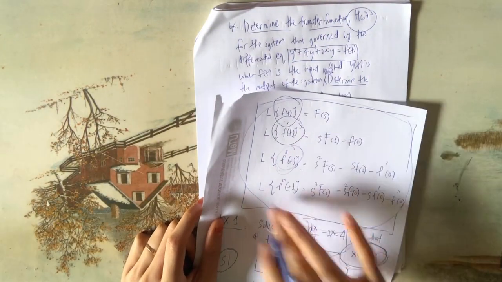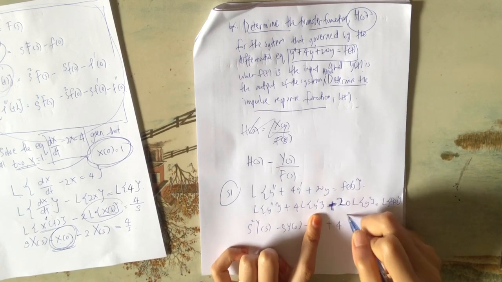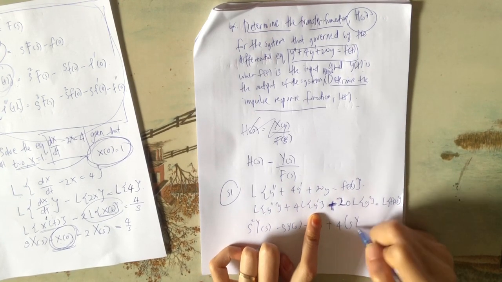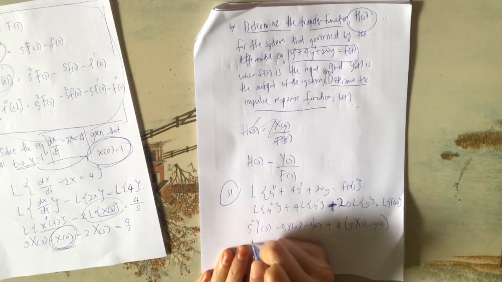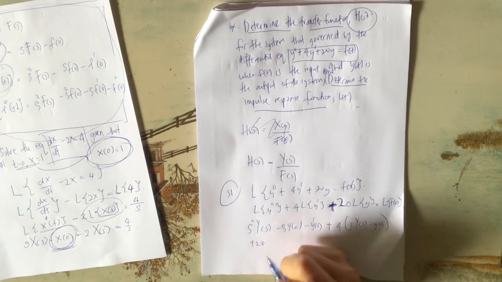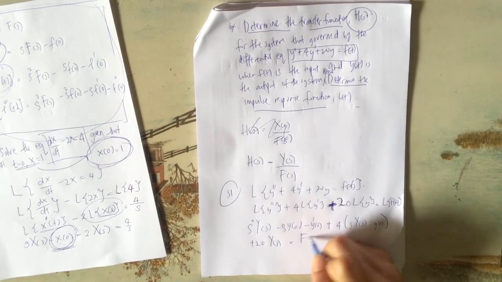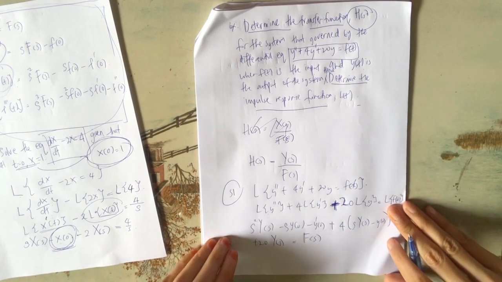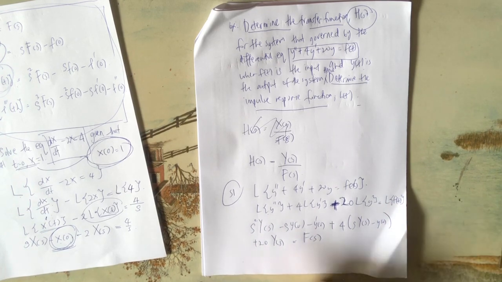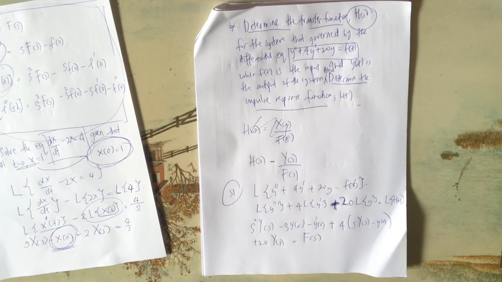Plus 4 times, y prime is s Y(s) minus y(0), and then plus 20 Laplace transform of y will be Y(s), equal to Laplace transform of f(t) will be F(s).